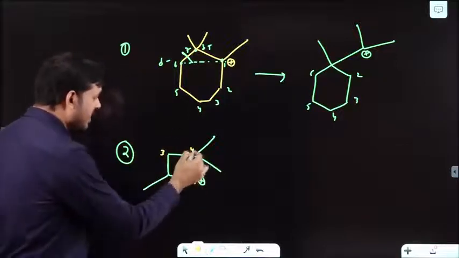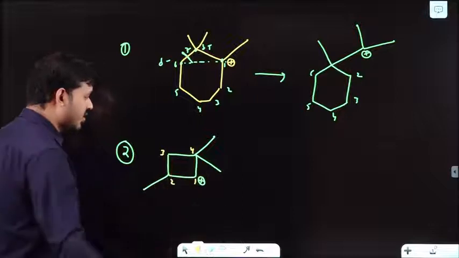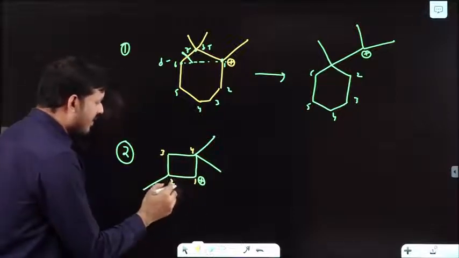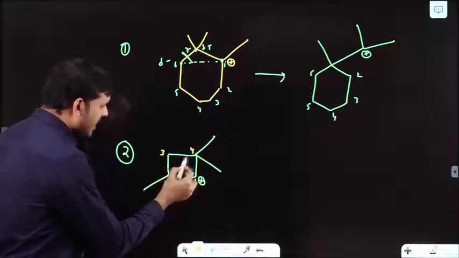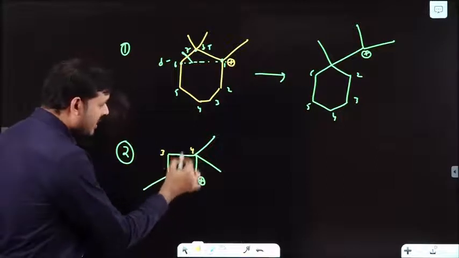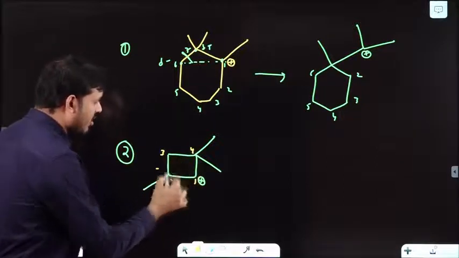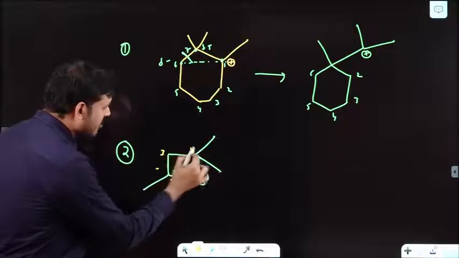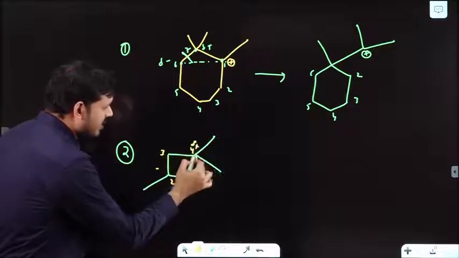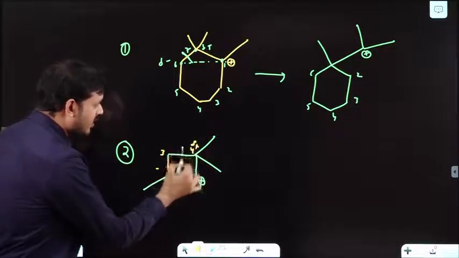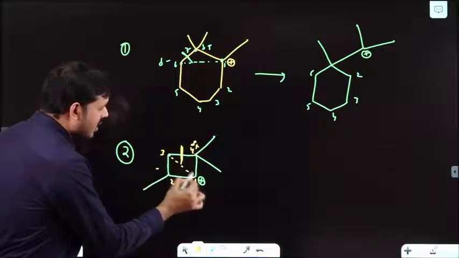If you make from this side 1, 2, 3, 4, that is okay, no problem. So again, I have two possibilities. Either I can break this side bond or this side bond. If I break this bond such that delta positive comes here, because this will form more stable carbocation, so this will be broken such that 1 joins with 3.